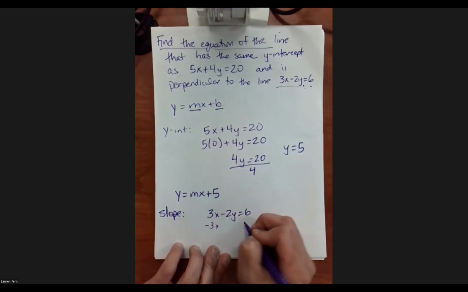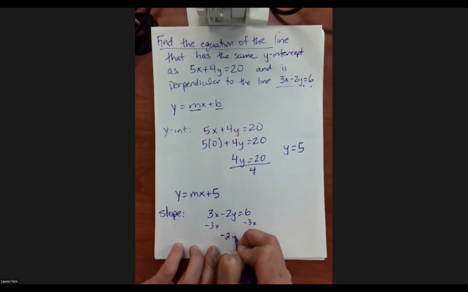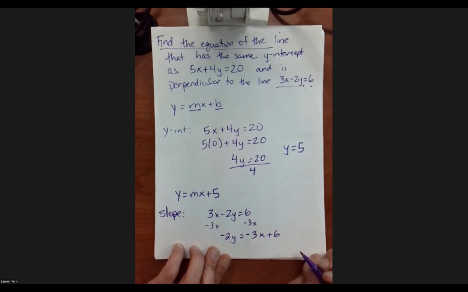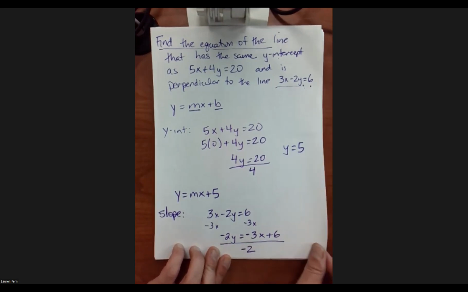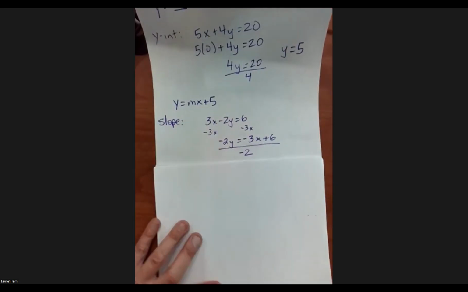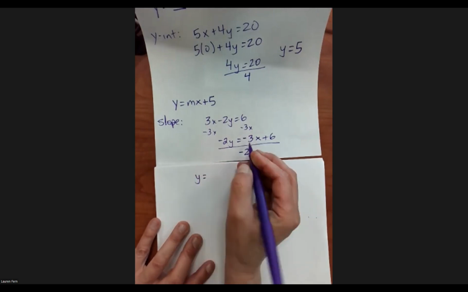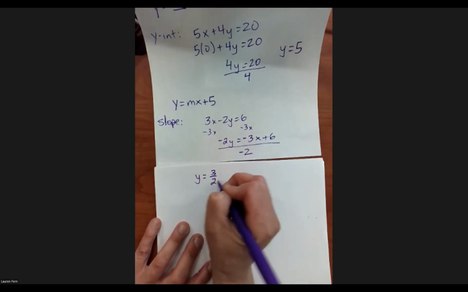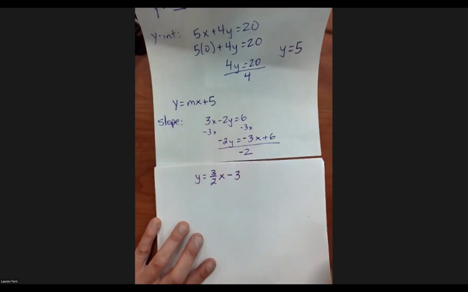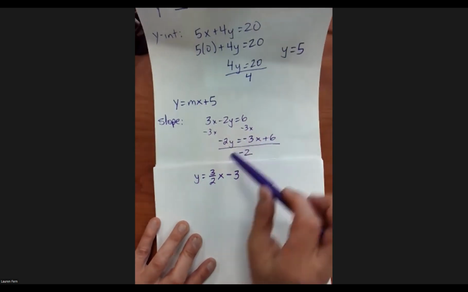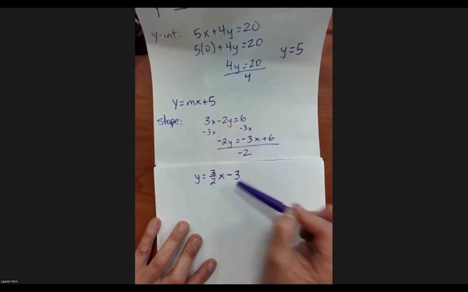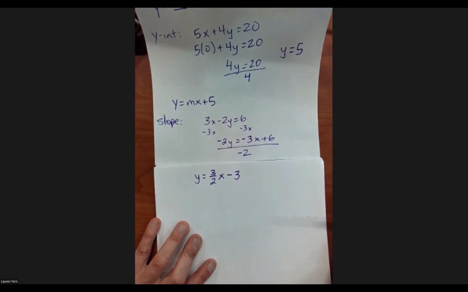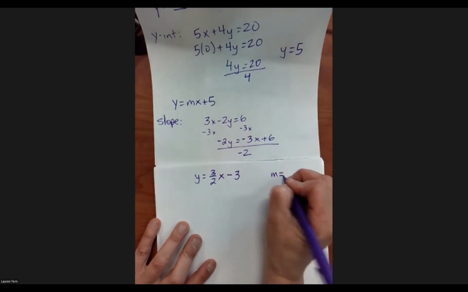We would subtract 3x from both sides. So you get negative 2y is negative 3x plus 6. Beautiful. And then we would divide both sides by negative 2. So would you agree we're going to get y equals 3/2 x minus 3? Negative divided by negative is positive. 6 over negative 2 is negative 3. What is the slope of this line here?